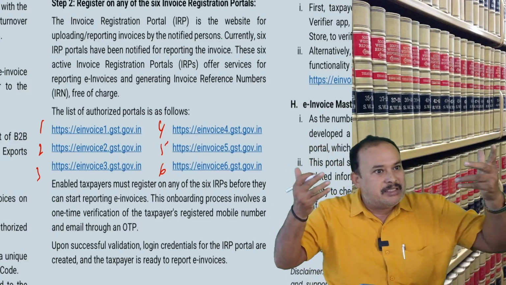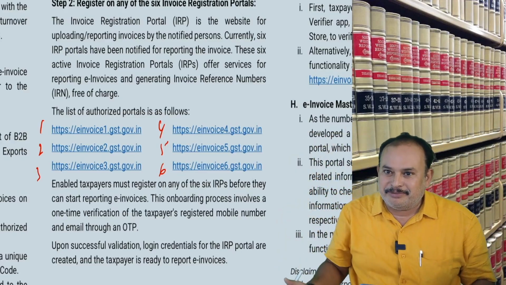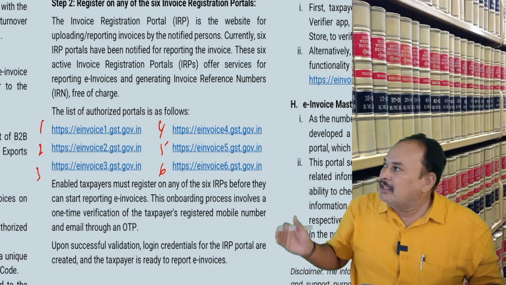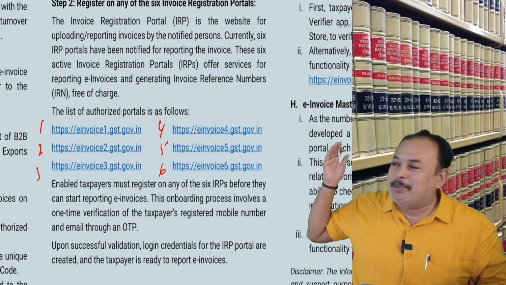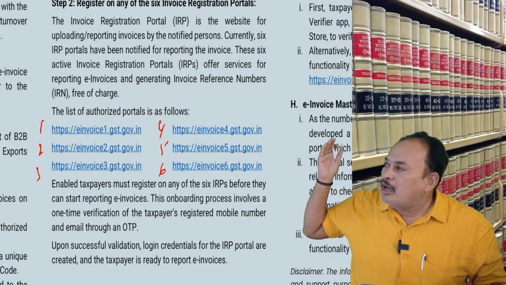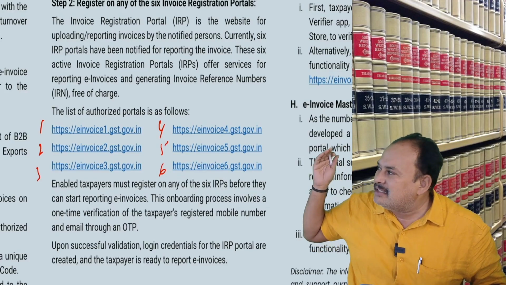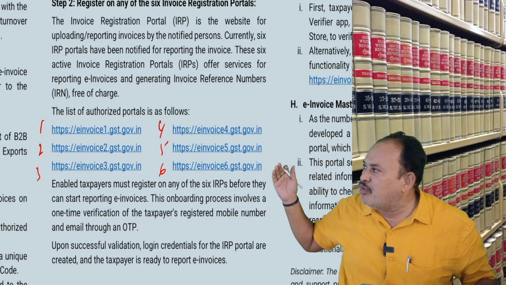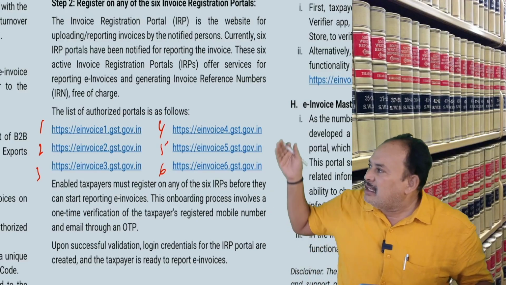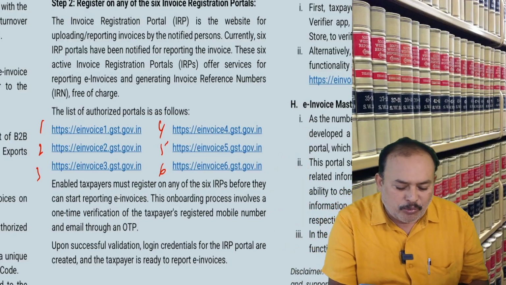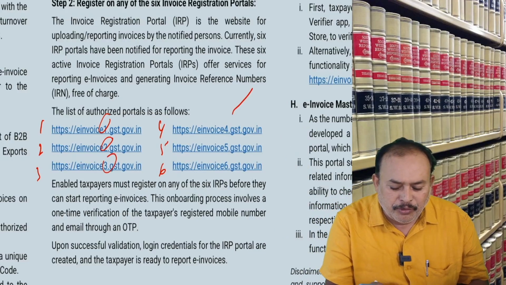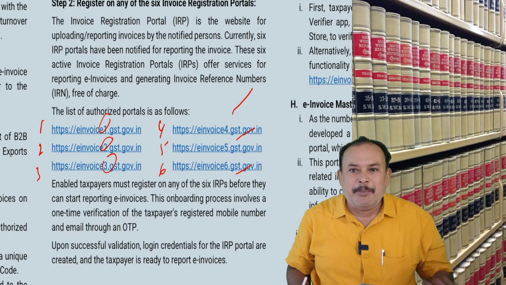To avoid this, there are 6 portals. Here, https://einvoice1.gst.gov.in. Like that, the remaining all remain the same except 1, 2, 3, 4, 5, 6. Those numbers won't change.